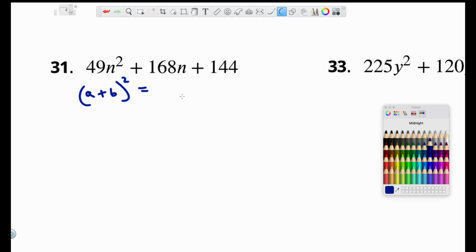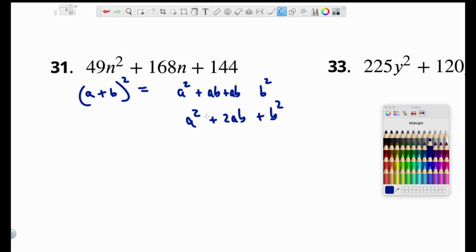Okay, so this is number 4, right? And so we would end up getting here a squared, and then b squared as our last term. And then we would get an ab plus ab middle term if we FOIL this. So it's going to be a squared plus 2ab plus b squared. This is our perfect square expansion.